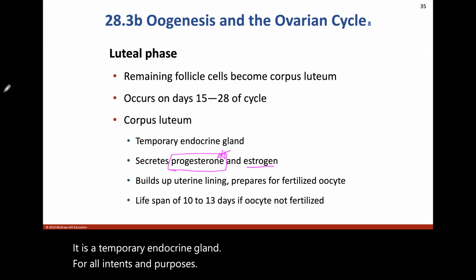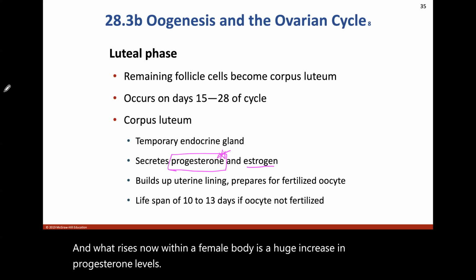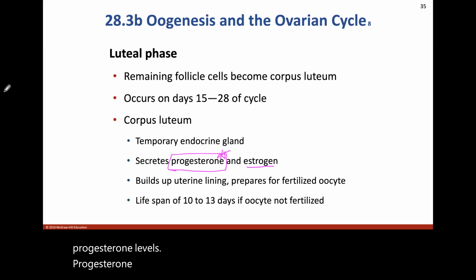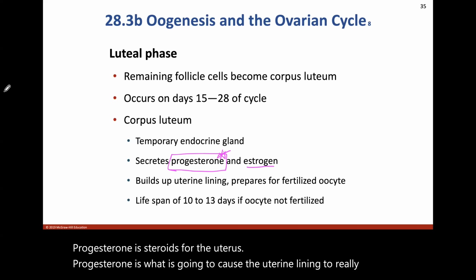FSH levels have plummeted. LH levels have plummeted. And what rises now within a female body is a huge increase in progesterone levels. Progesterone is steroids for the uterus. Progesterone is what is going to cause the uterine lining to really thicken up and develop.